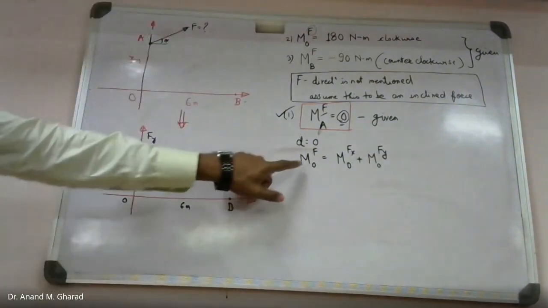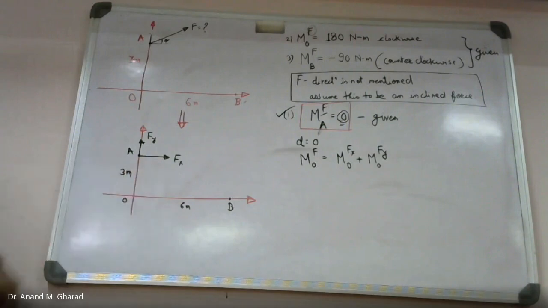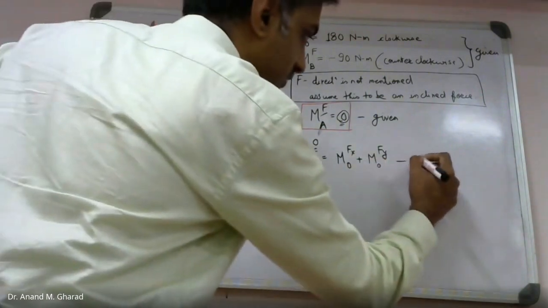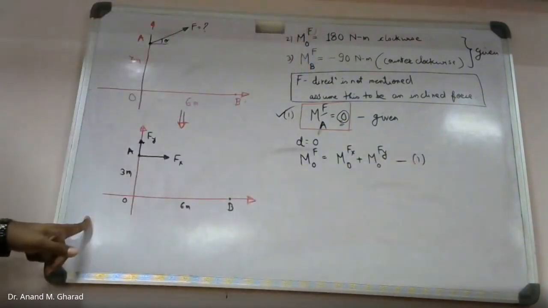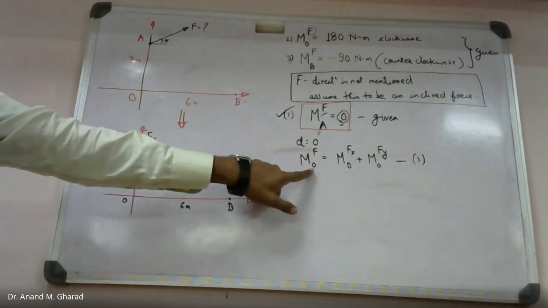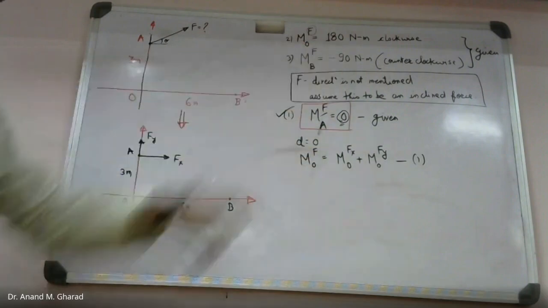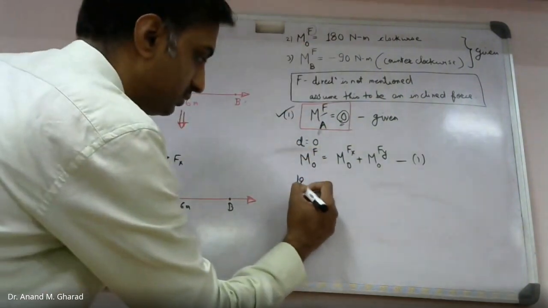Okay? Let me consider the moment about point O due to F. This is Varignon's equation, or Varignon's principle, right? Fine. So the moment about point O due to F, what is it given? It is 180 Newton meter, which is clockwise rotation.